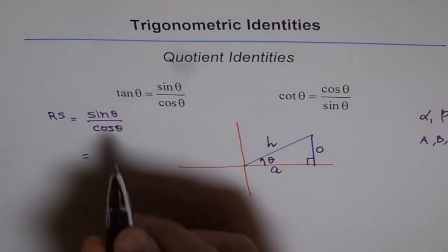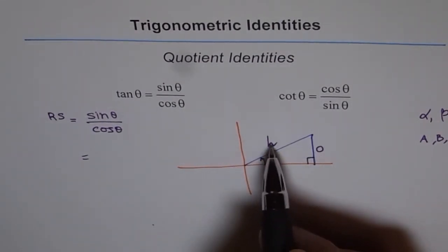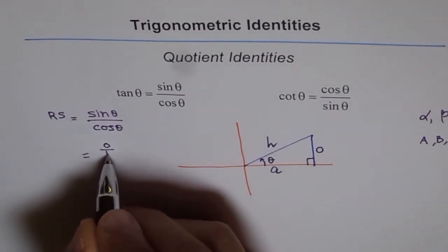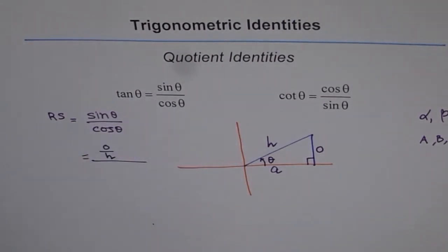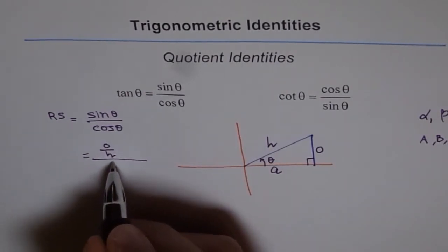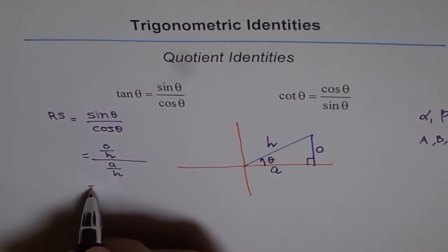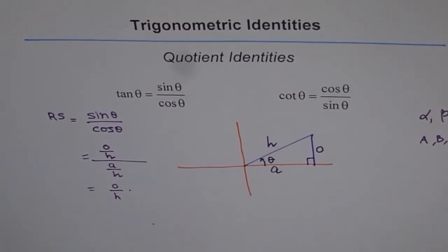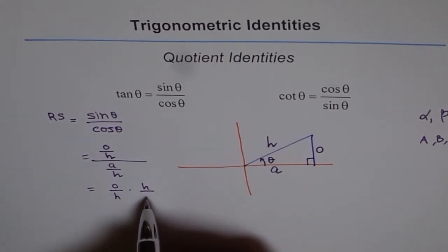Now, what is sine theta? In this triangle, sine theta is opposite over hypotenuse, correct? How about cosine theta? Cosine theta is adjacent over hypotenuse. So this could be written as opposite over hypotenuse times, since it is divide, we take the reciprocal, hypotenuse over adjacent.